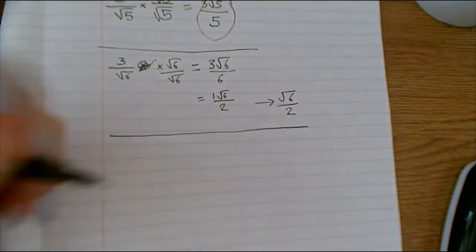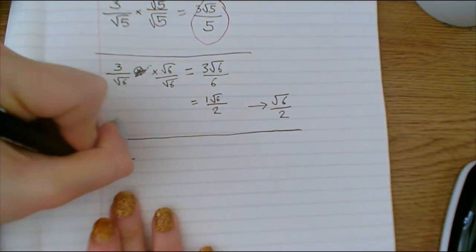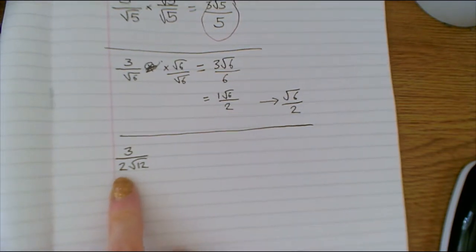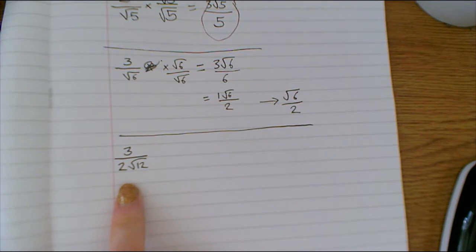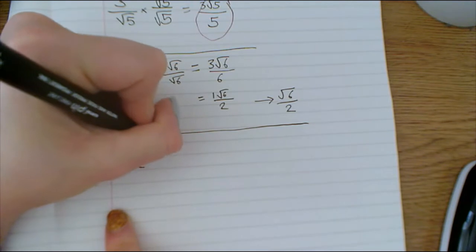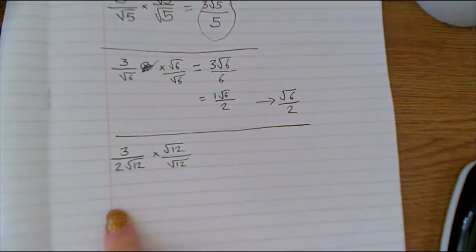Let us try. So here we've got 3 over 2 root 12 and we want to rationalise the denominator. So to rationalise the denominator here, you only need to multiply by kind of the surdy bit. So I can just multiply by root 12 over root 12, like that.